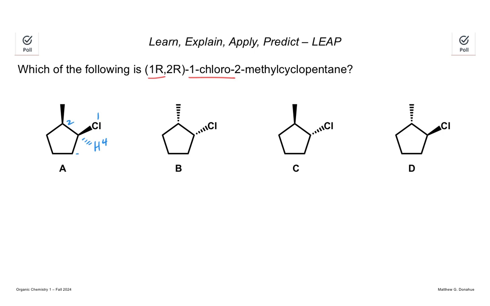So 2 and then 3. If you do that, that comes out counterclockwise, so that's S. What that's telling you is D has the same configuration for that chlorine, right? So we can eliminate A and D. You don't even have to worry about D.